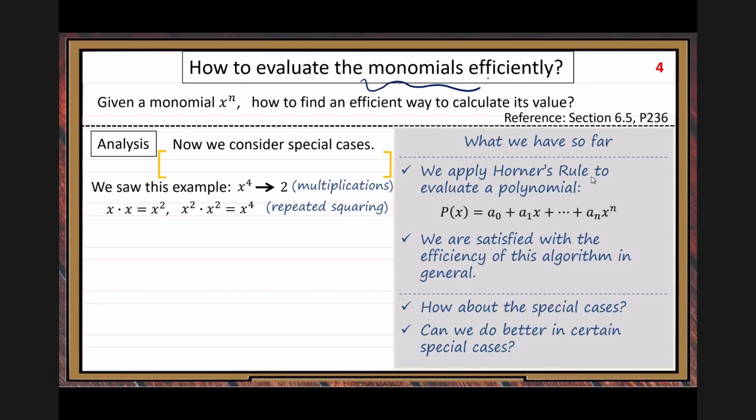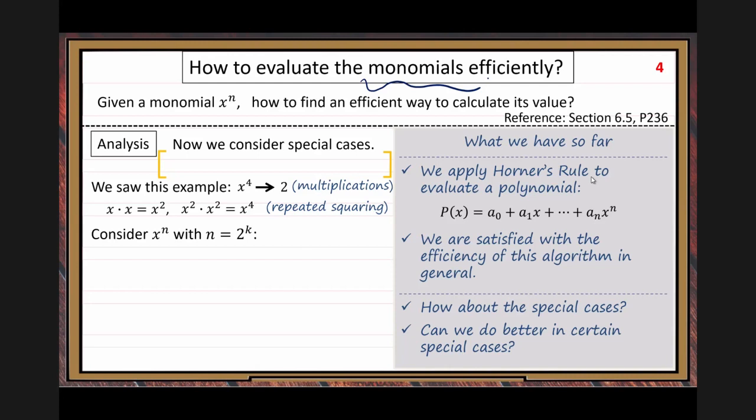Now we want to extend this technique to cover more powers of x that we can calculate. Let's first consider x to the n with n a power of 2, a special case. N is a power of 2.